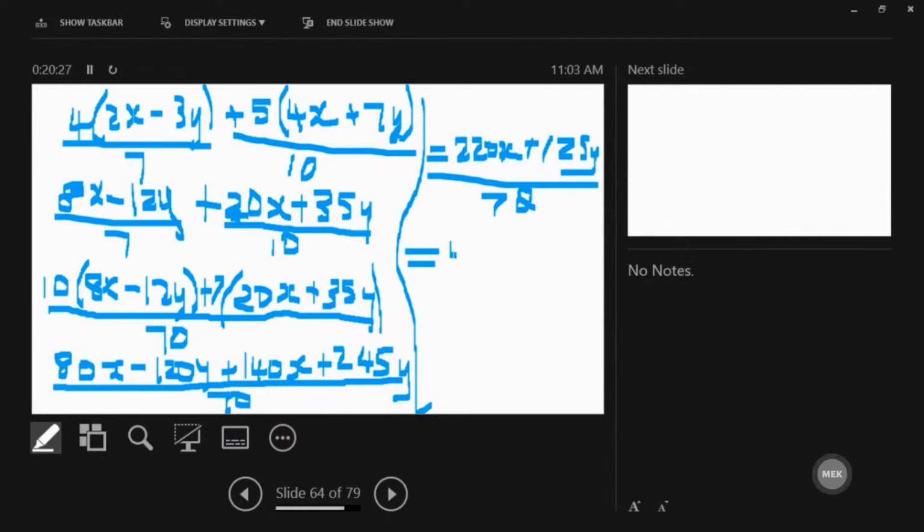So we have 44x plus 25y and 5 into 70, that's 14. All right, and that is the final answer. So we're going to do 2 more like that and then wrap it up.